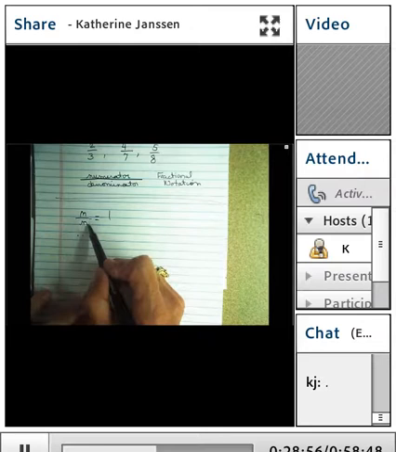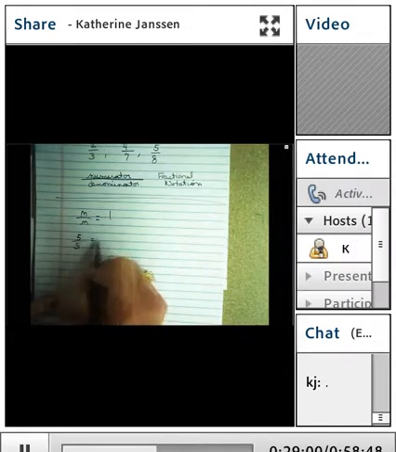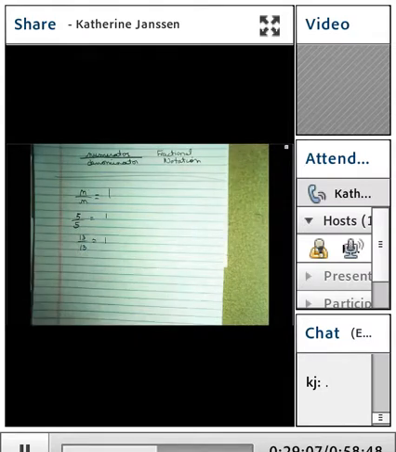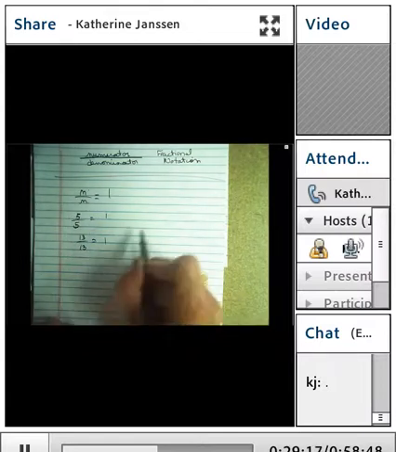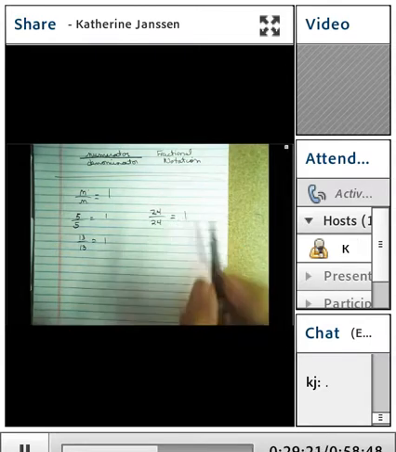We have a numerator and a denominator. So 5 over 5 is another name for 1. 13 over 13 is another name for 1. And it's important for us to remember this because we use this strategy as we begin to solve problems. So 24 over 24 is another name for 1.